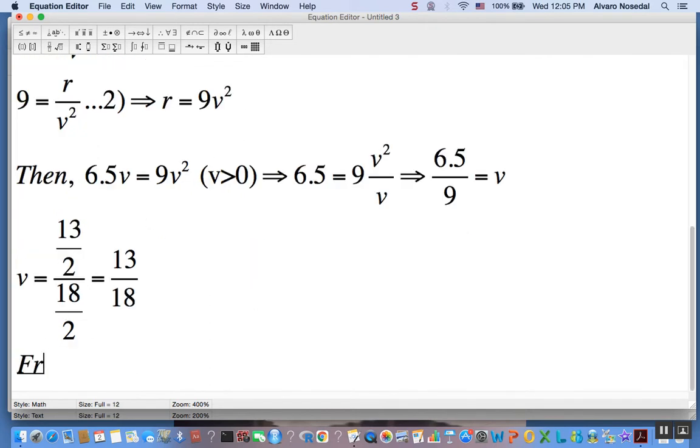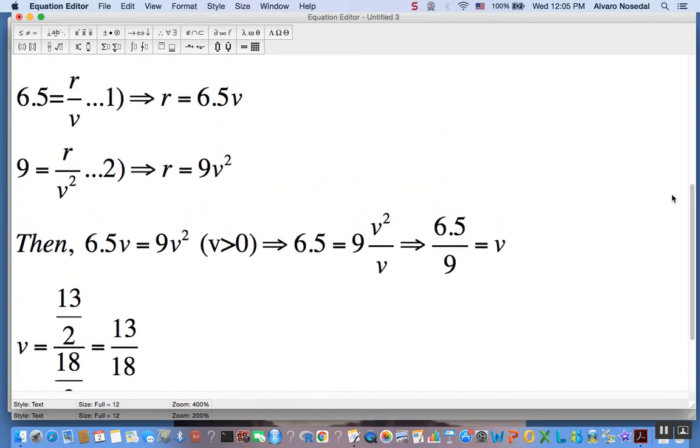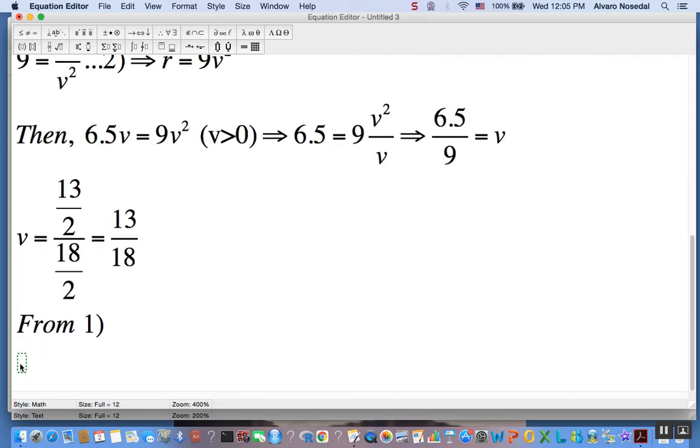So from 1, what we have is r equals 6.5 times v. Just plug in what we said: 6.5 is the same as 13 divided by 2.